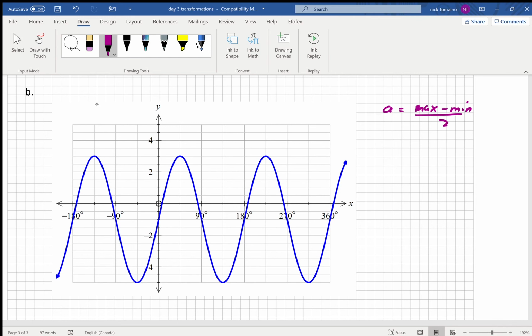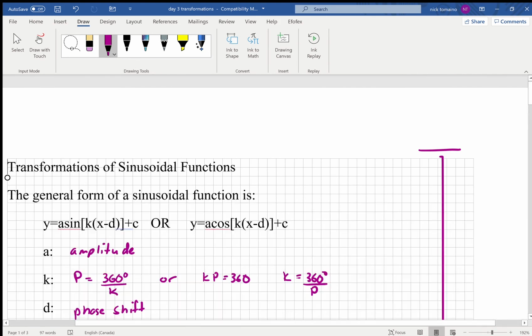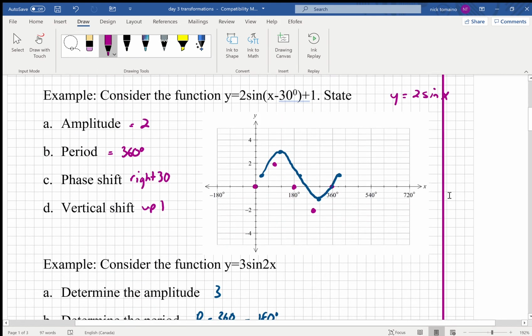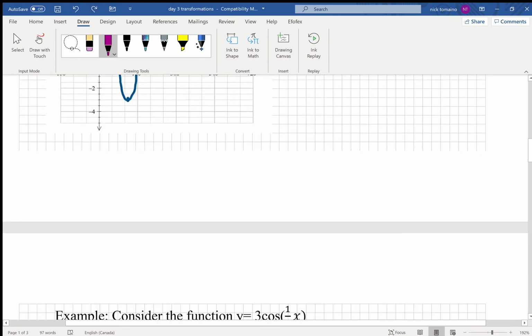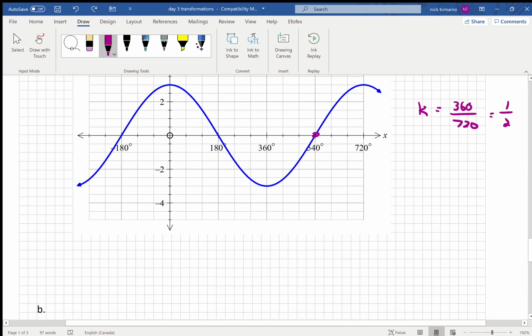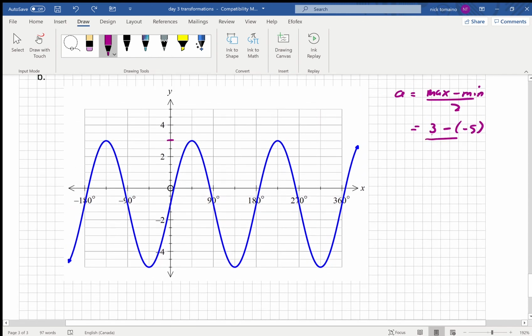So the max value is at 3, and your min value is at -5, over 2, which is 8 over 2, which equals 4.